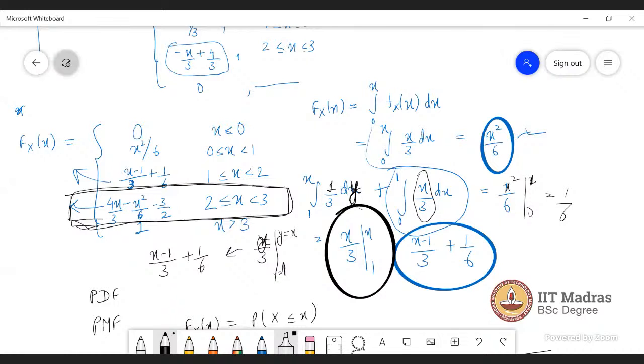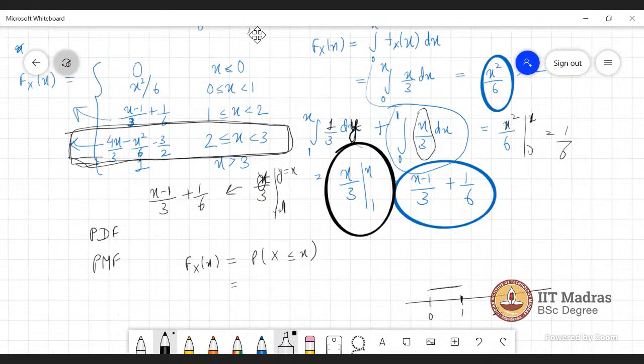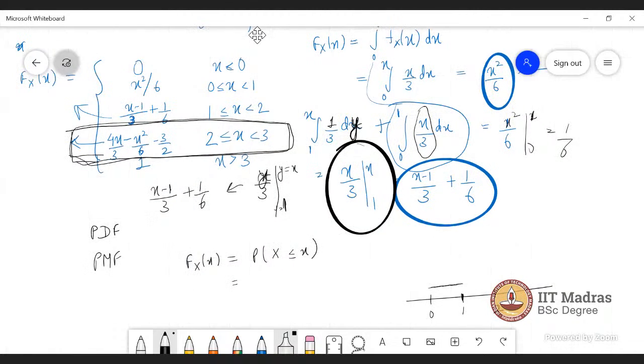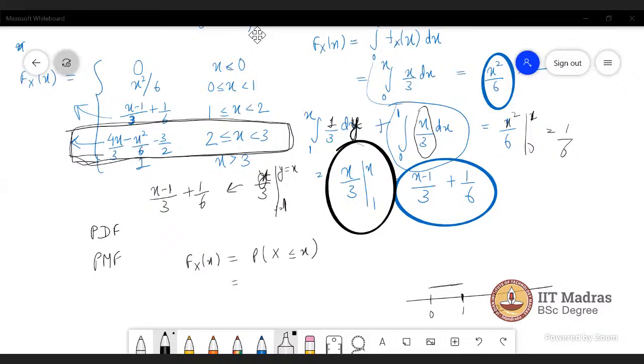Okay, so I'll have 4x by 3 minus x square by 6 for the range 2 to 3, minus 4x by 3 minus x square by 6 in the range 0 to 2. Actually, the previous one will be 2 to x, correct?